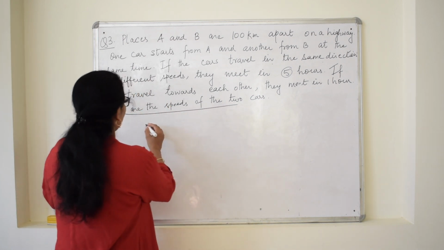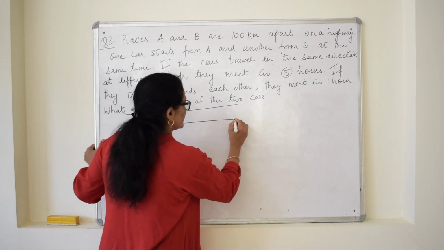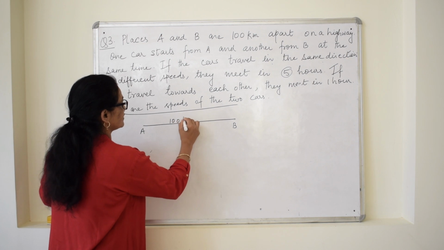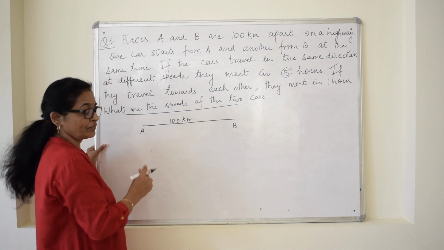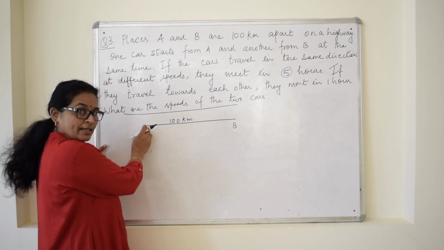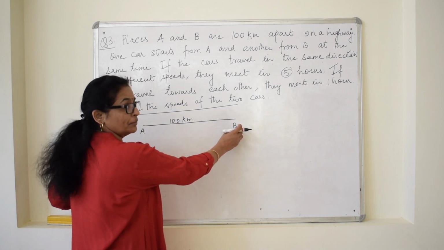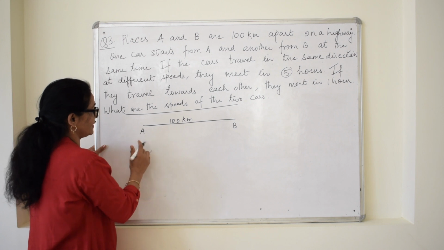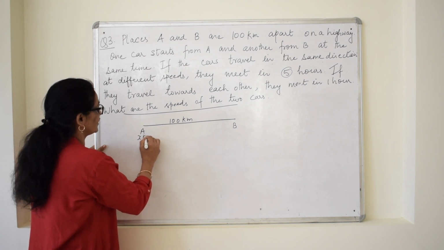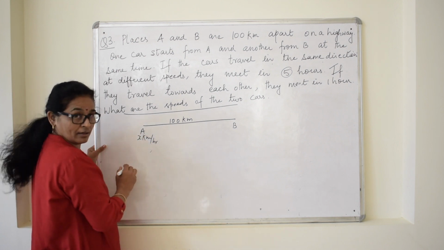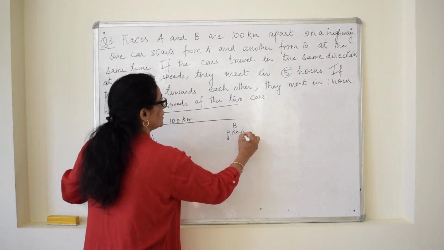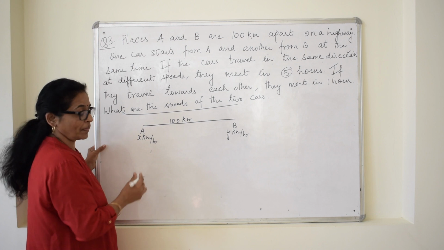Okay. First of all, we will take 2 points A and B. The distance between the points is 100 kilometers. Name first car as A only, second car is B. When they are going in the same direction, suppose car A goes with the speed of x kilometers per hour, and car B goes with the speed of y kilometers per hour.